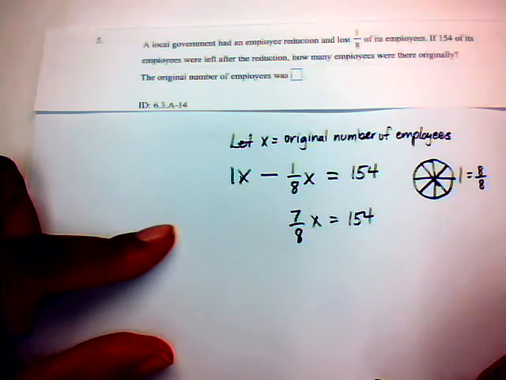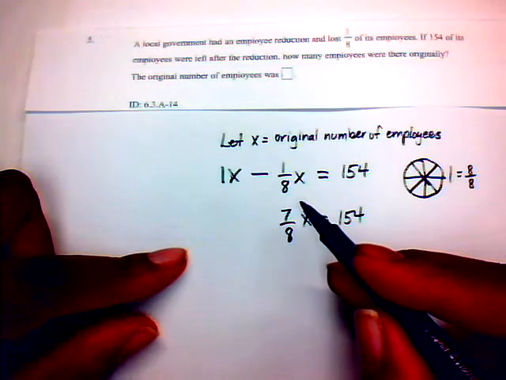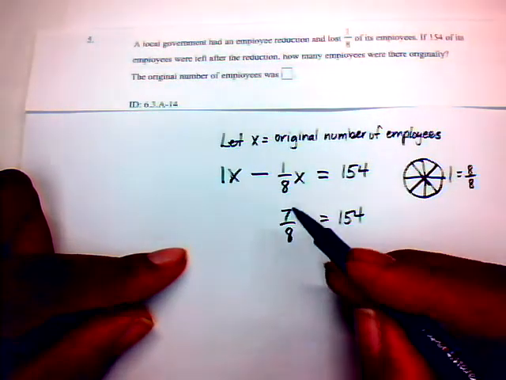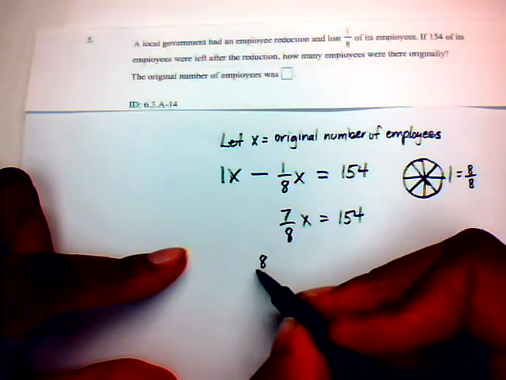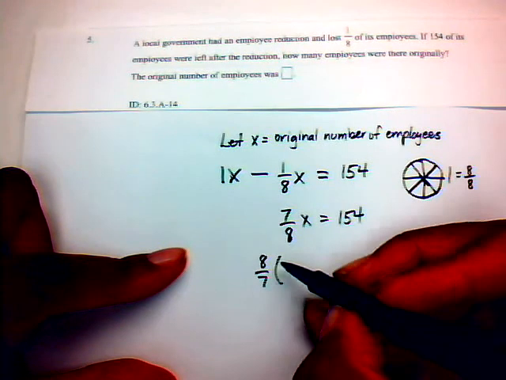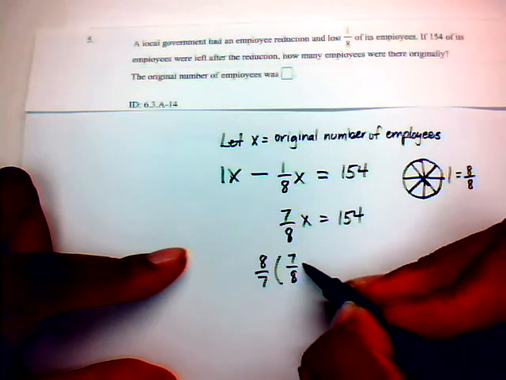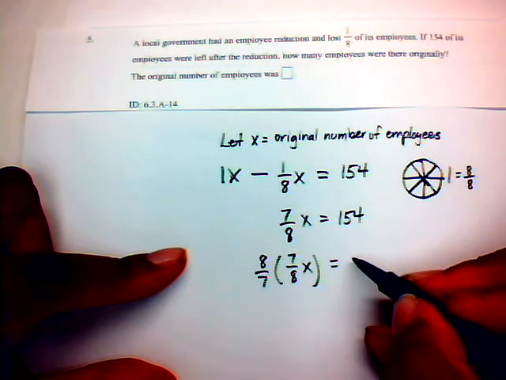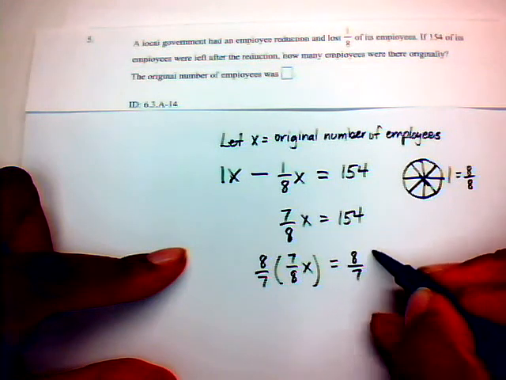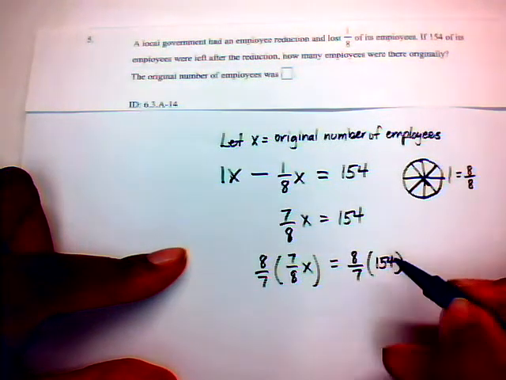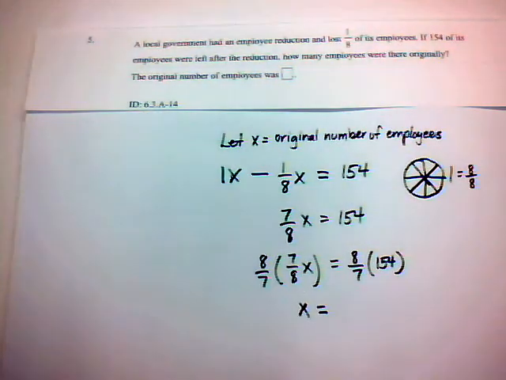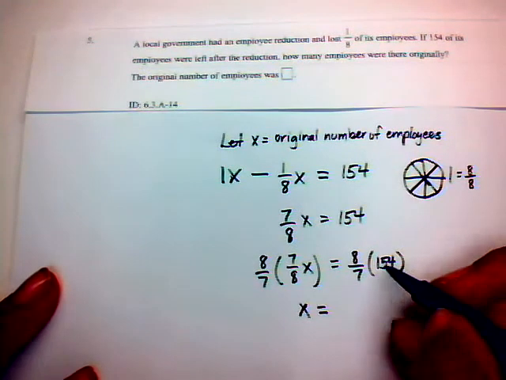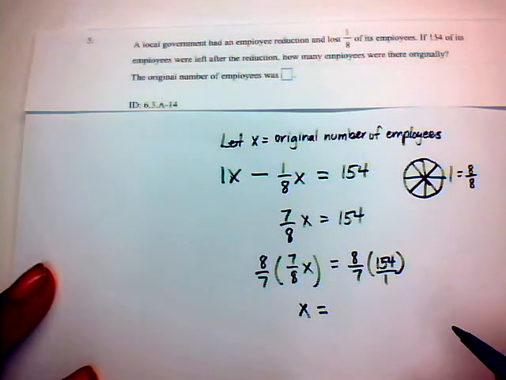Okay, now to get x by itself, the easy way to do this is to take the reciprocal of 7/8, which is 8/7. So here we're going to multiply both sides by that reciprocal, 8/7. So here I'm just going to have x by itself because the 8s and the 7s will divide out. Let's see, 8/7 times 154 over 1.